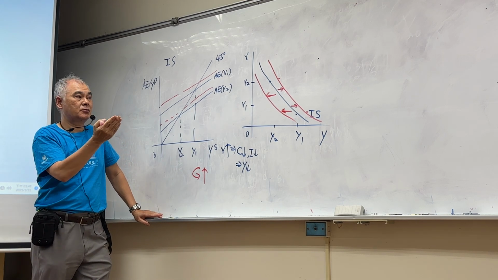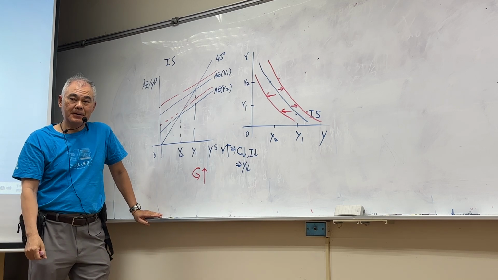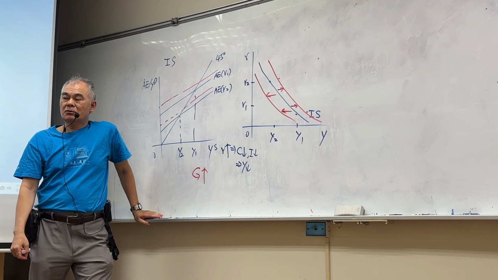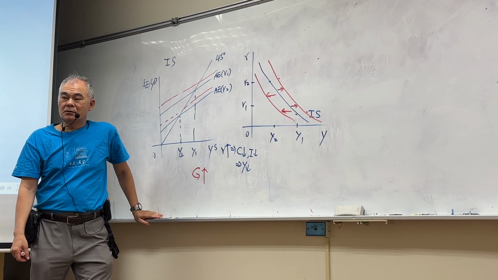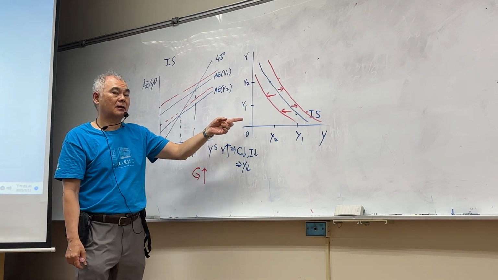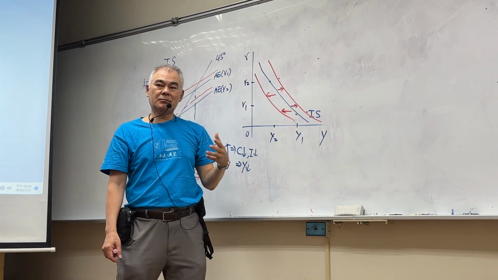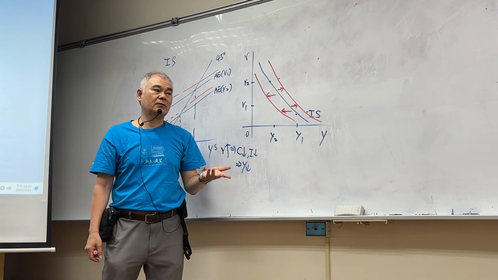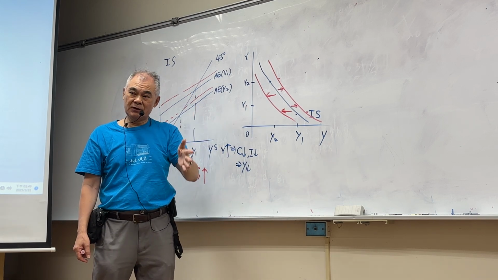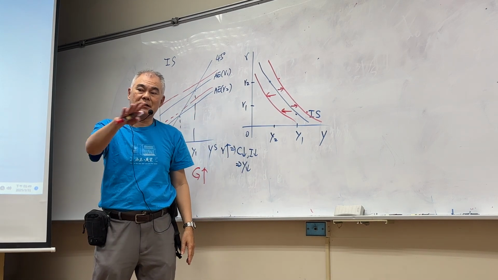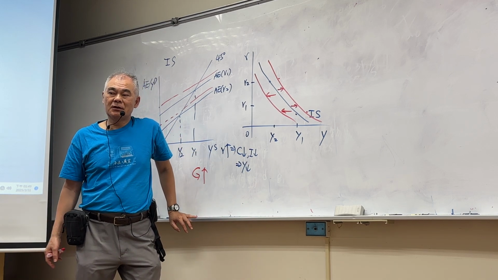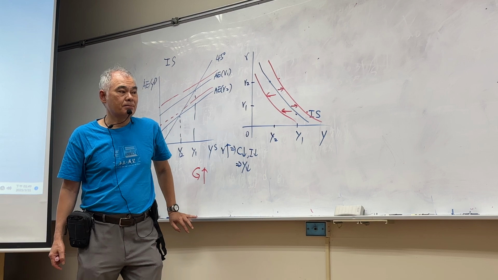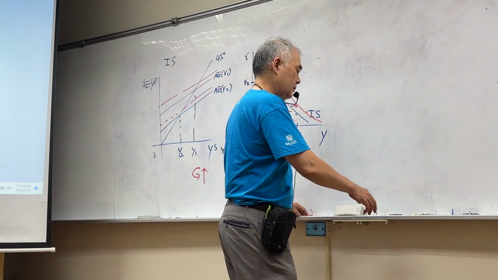So the IS curve shifts to the left. Okay? So, to this point, any questions? So you have the IS curve looks like this. Of course, we have some special cases, so let us say the IS curve is vertical or the IS curve is horizontal. And that is for after the midterm to discuss. Okay, so far, so good.